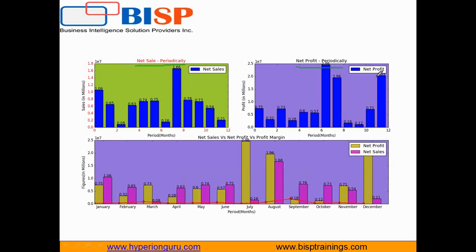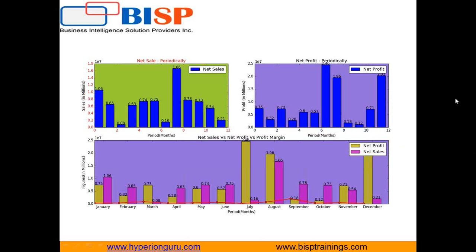This indicates the net profit in all the regions. And the third report indicates the net profit and net sales versus profit margin. The profit margin is indicated through this line chart, the line and the dots. We're going to prepare the same kind of dashboard for our CFO.